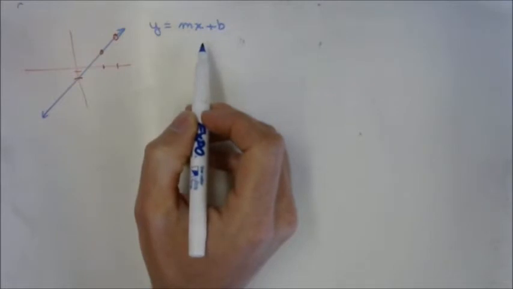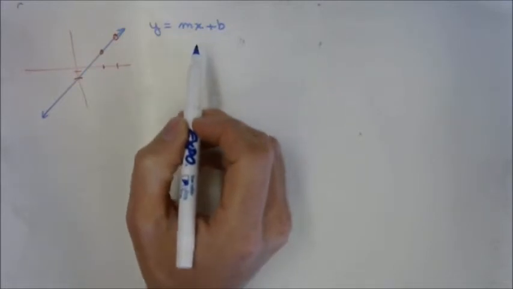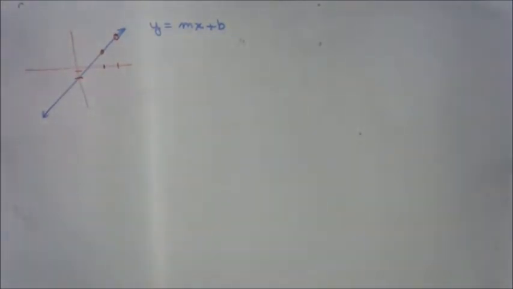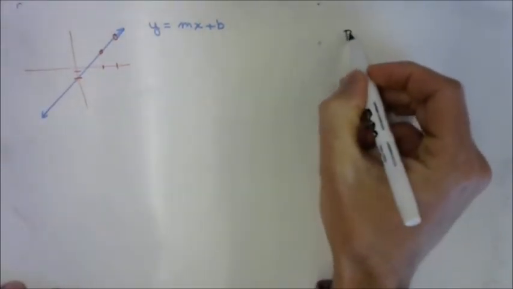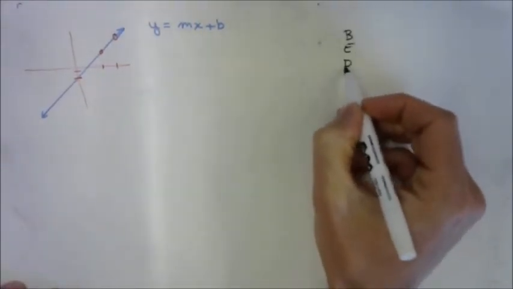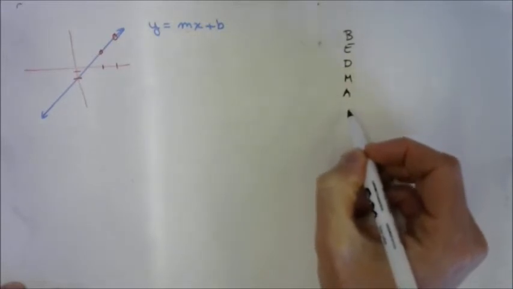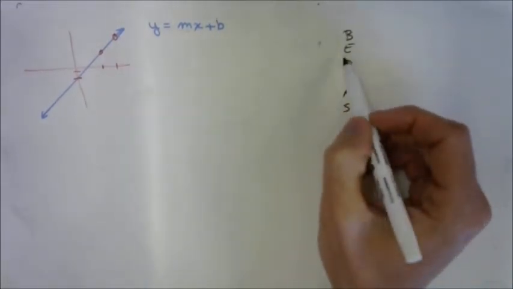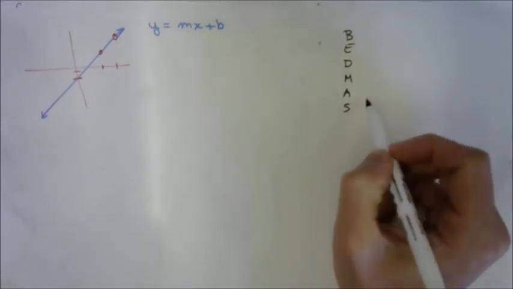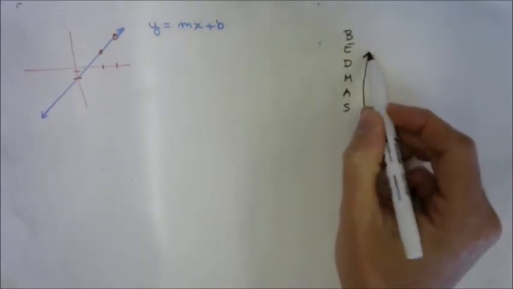Rearrange this equation to express x in terms of y, m, and b. So which variable do we want to get by itself? X. We already know it's going to take us 2 steps. And when we are solving equations, not evaluating, remember that we use BEDMAS backward, in reverse.